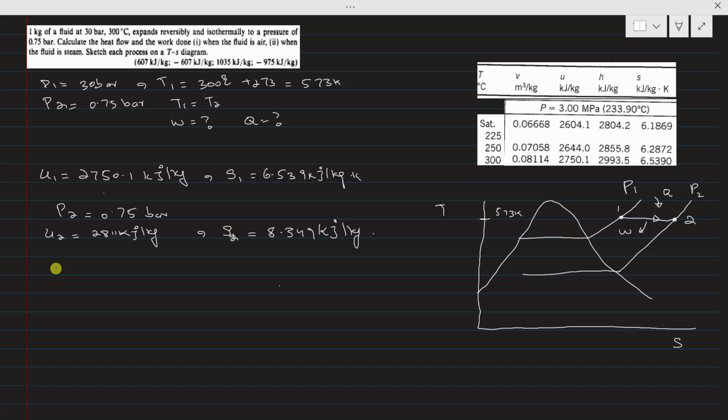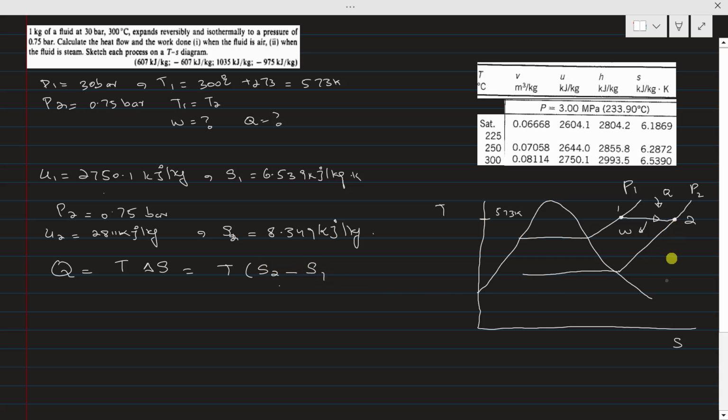Now it is easy to find the heat that is supplied to the system, that is equal to temperature times change in entropy, that is T times S2 minus S1. So the entropy here is S2 and the entropy here is S1. This change in entropy multiplied with temperature will give you the heat supplied to the system.